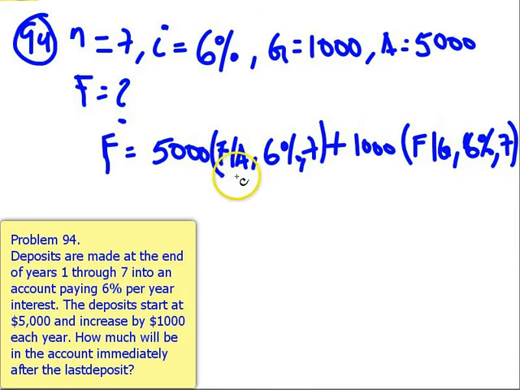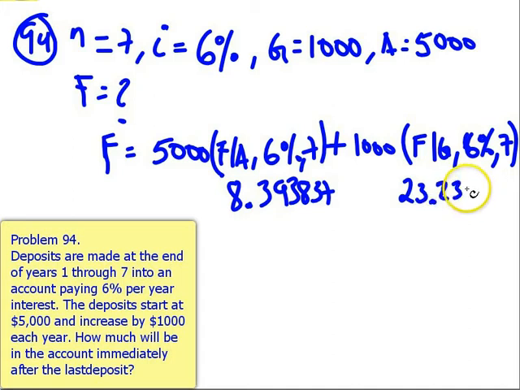The factors, when we use the formulas, translate into 8.3938, and 23.2306.